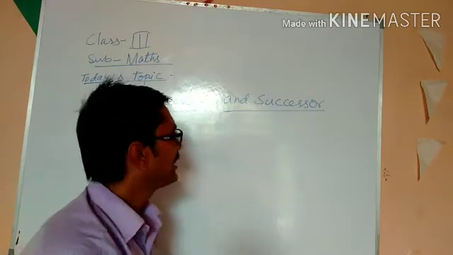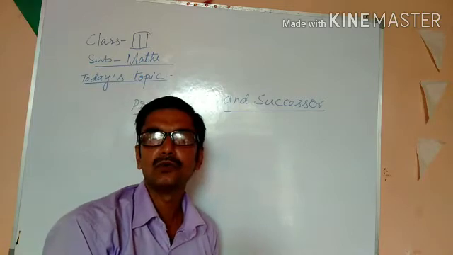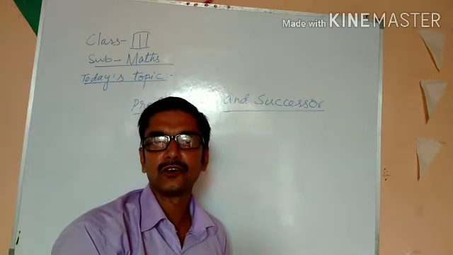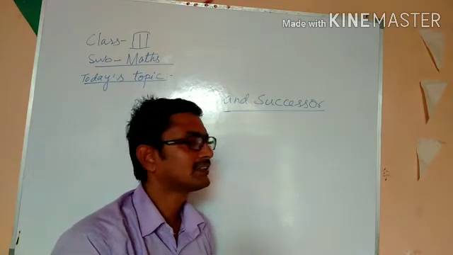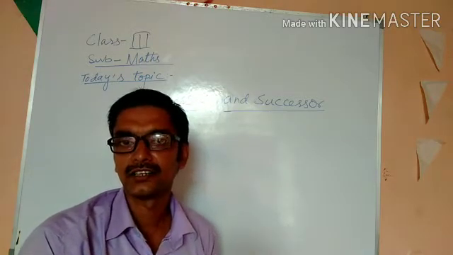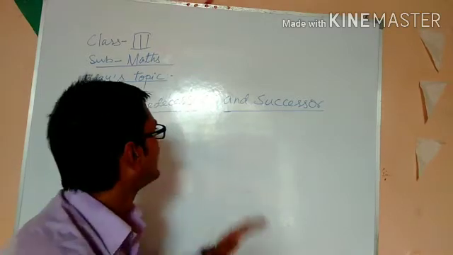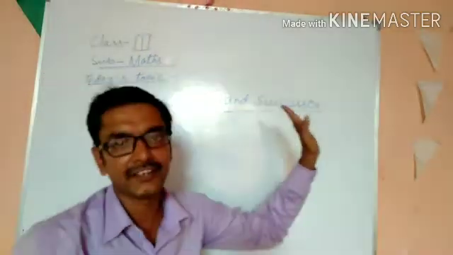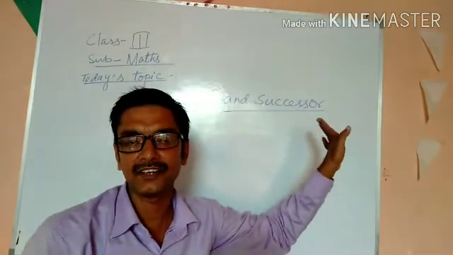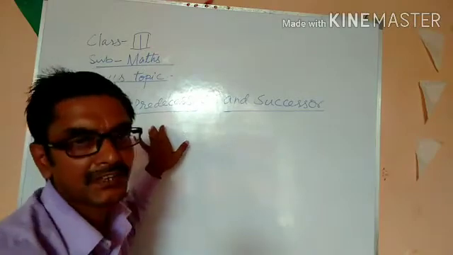Now tell me, if I ask who is the oldest in your family, then you can easily say that my grandfather is much older in my family group. So the one who has the greatest value or the greatest position is called the predecessor.